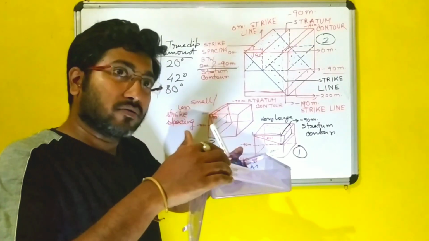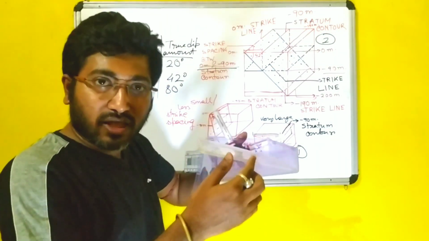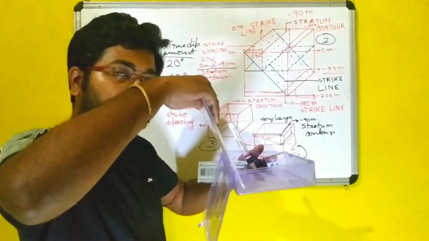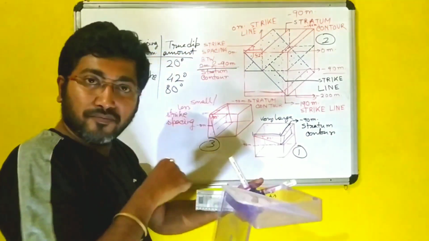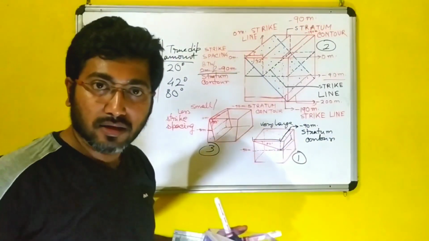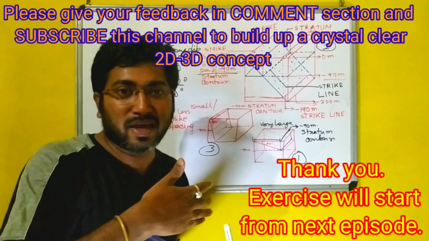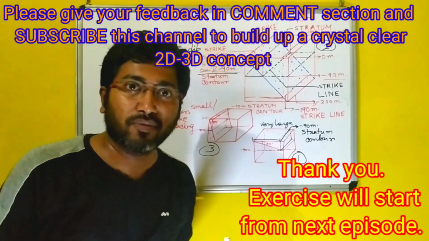So what will be the representative of that dip on the 3rd dimension? That will be the strike spacing. If the dip is more or very high, then the strike spacing will be very low, and if the dip is very low, then it will be very high. So this is one thing. This logic we will be applying during future block diagrams or calculation of true dip and apparent dip.